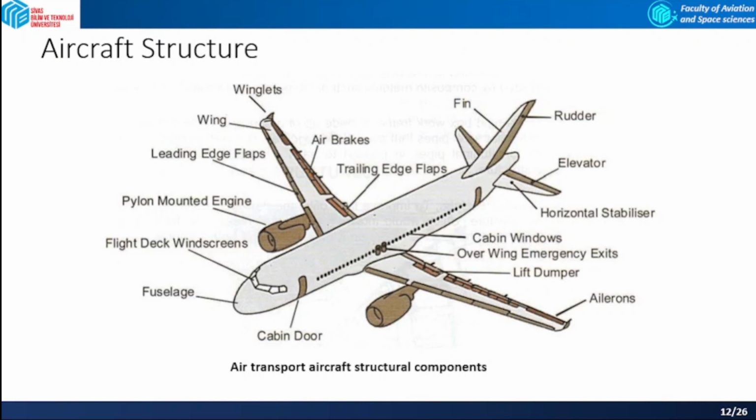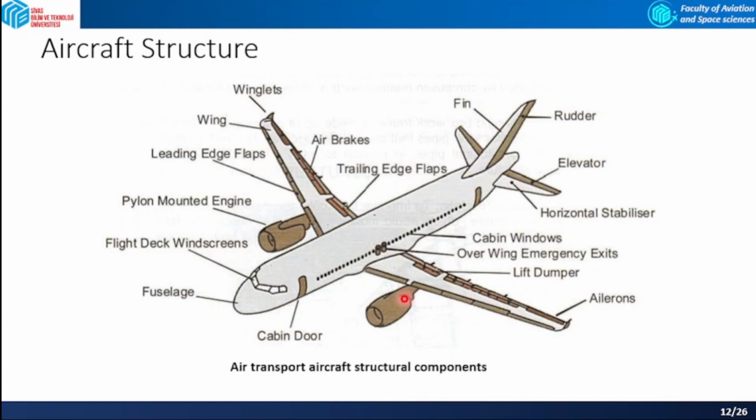The fuselage of the aircraft serves as the main body of the aircraft, where the wings, the tail plane, the canards, which you cannot see in here, the vertical fin, and engines are typically attached. If it is a single engine, generally it will be connected to the fuselage itself, not to the wings.